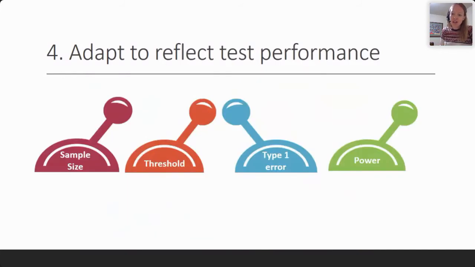So when epidemiologists design a population-based survey to measure a threshold, the following 4 parameters are commonly considered. So that's sample size, the threshold, type 1 error, and power. And in the context of NTD elimination, we can think of power as the likelihood of identifying correctly that elimination has been achieved, whereas type 1 error is the risk of prematurely concluding that elimination has been achieved when in fact it has not. And so we can think of these as levers that can be dialed up or dialed down.